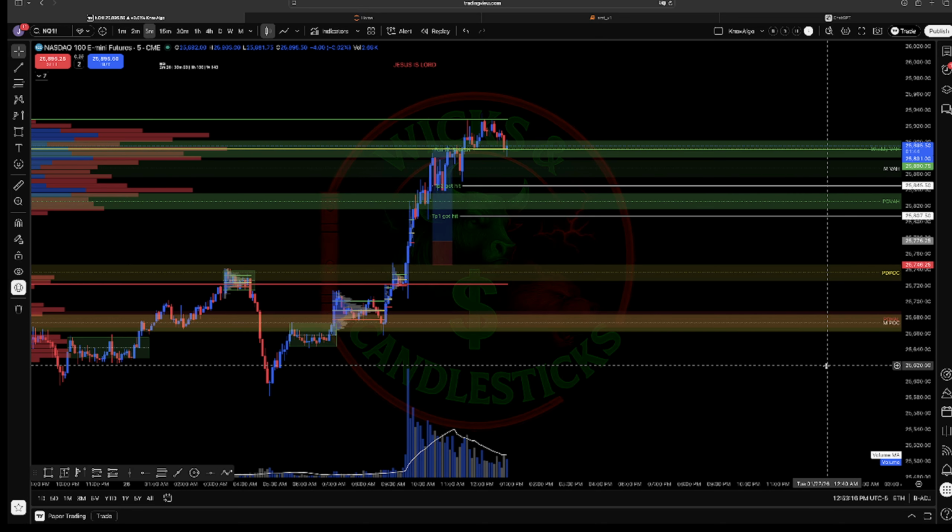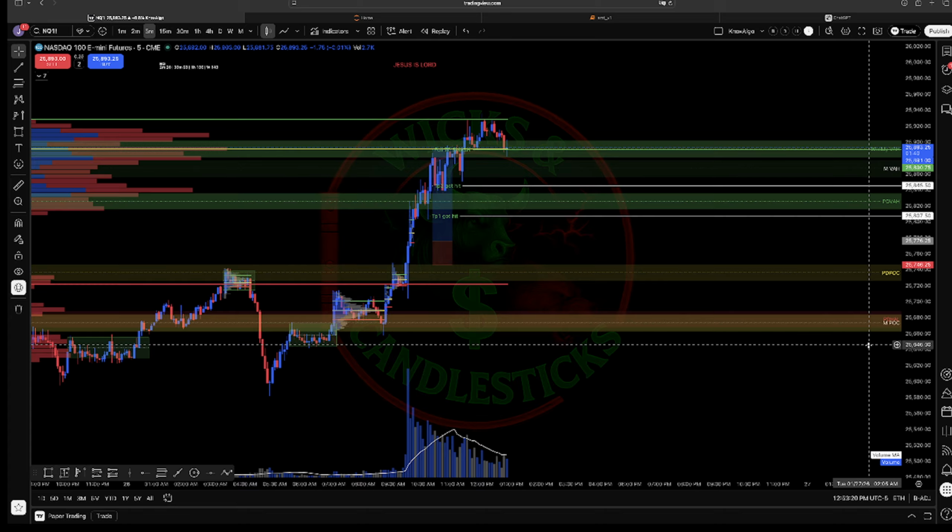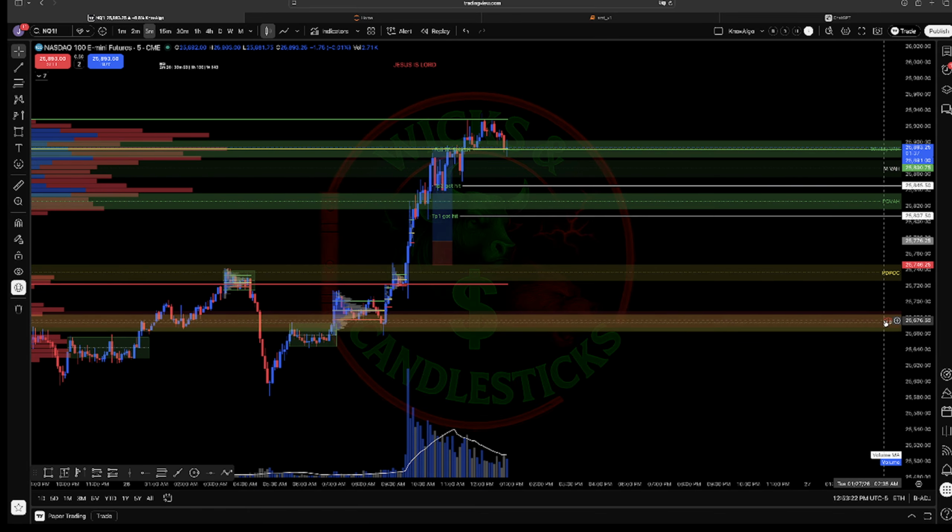These are overlapped. Your monthly is always going to be stronger. So in today's case, I said I will pay attention to my previous day value area low, but I'm really going to pay attention to the monthly POC because it has the hierarchy. So from the monthly, I said, I'm going to trade off of this.